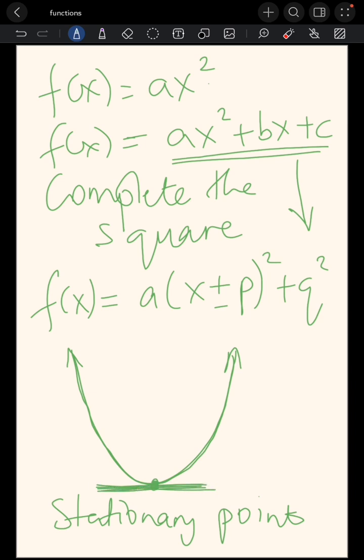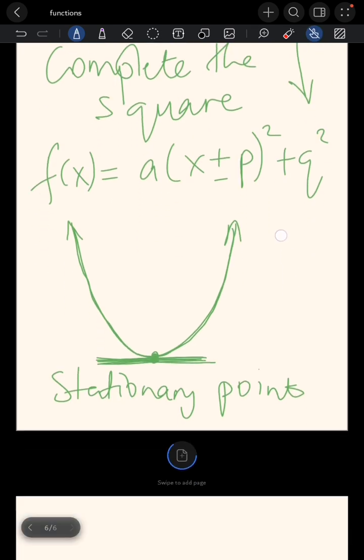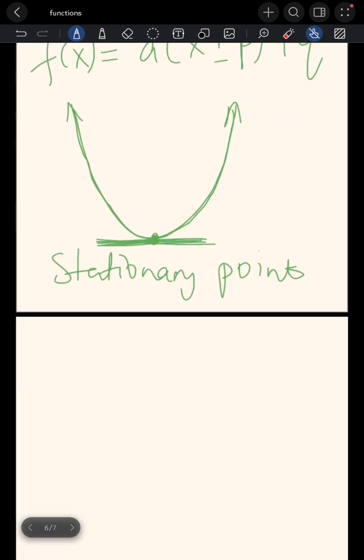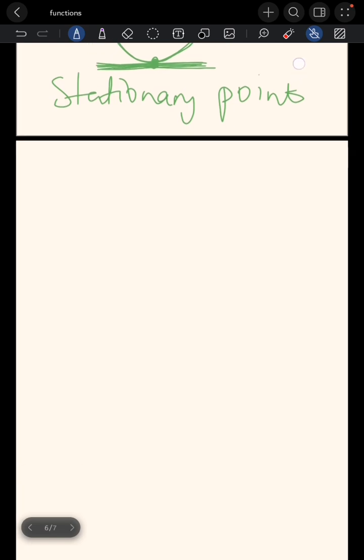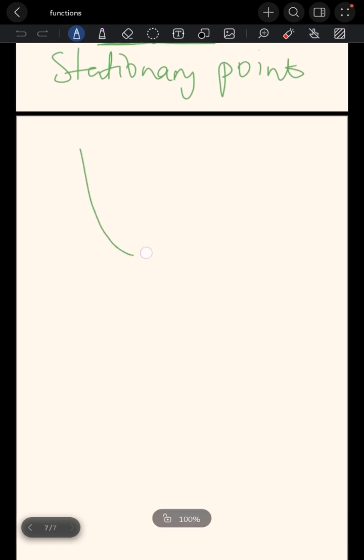Okay, so what does this value mean? Let's say we're given a graph that looks like this, and the coordinates are 3 and 7, and then we are asked to find the equation of this graph.